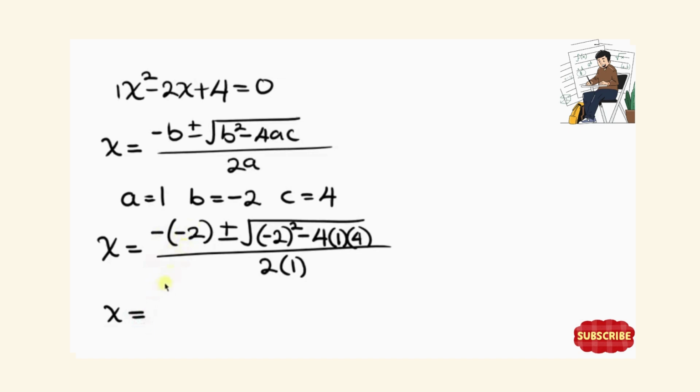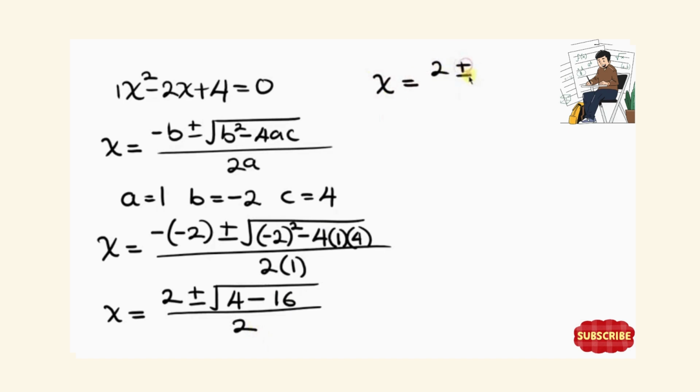So I'm going to be having positive 2 plus or minus the square root of. Now, negative 2 squared is 4, minus 4 times 1 times 4 is 16, all over 2 times 1 is 2. So this simplifies into x equal to 2 plus or minus the square root of 4 minus 16, which is negative 12, all over 2.